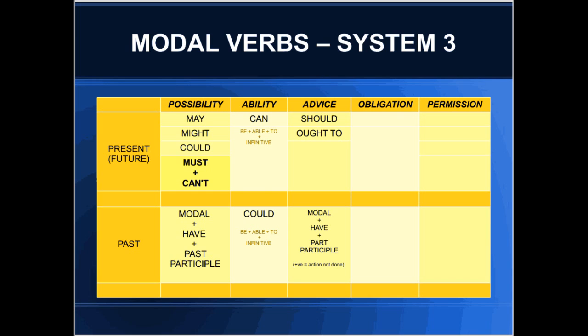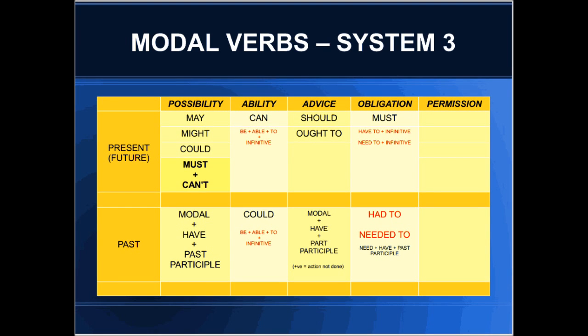We then continue beyond advice into obligation. This gets slightly more complex with the addition of normal structures, need to and infinitive, and have to and infinitive there, together with the modal form.